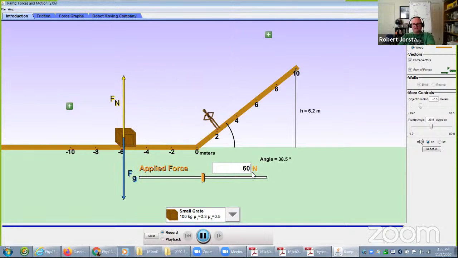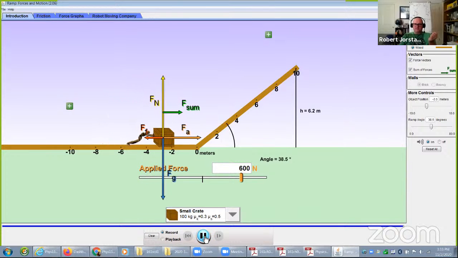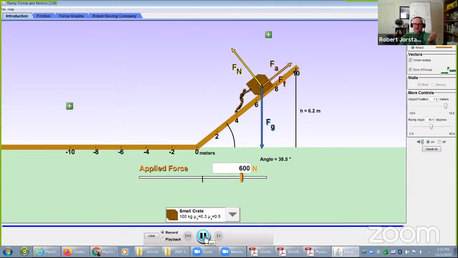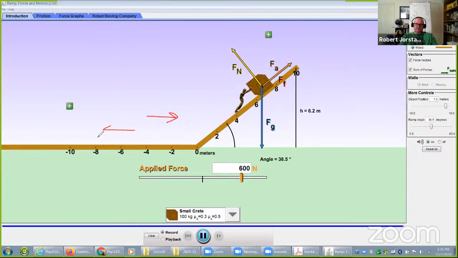All right. So watch what I'm going to do now. I'm going to apply 600 newtons. And I want you to watch what happens to this carefully, everybody. Here we go. It's enough to make it move. Now it gets on the ramp. And now I have not hit the pause button. Just to be clear, I'm not hitting the pause button. So in this case, look at this complicated problem. We start out with you accelerating this way, friction's this way.